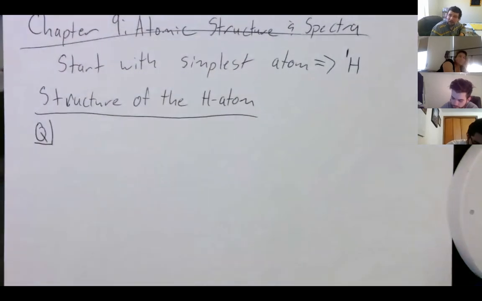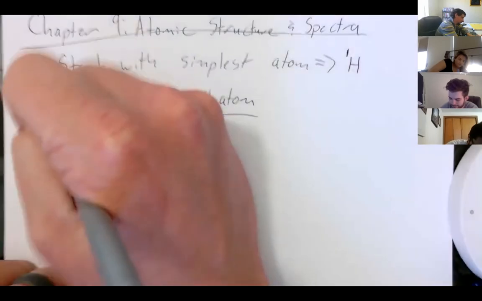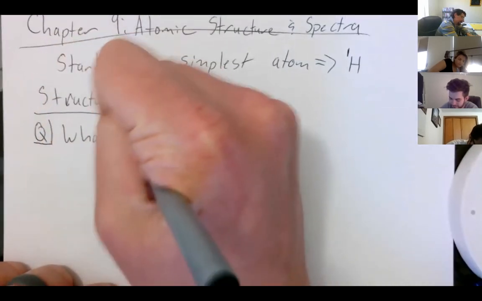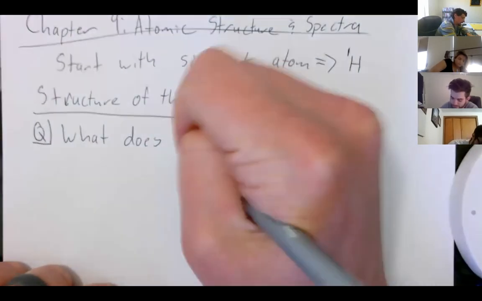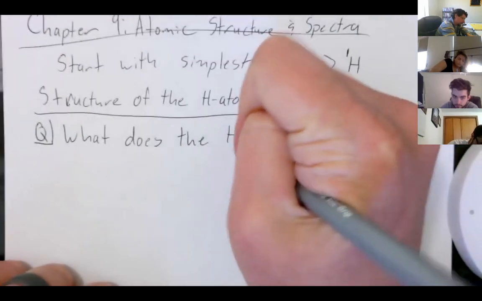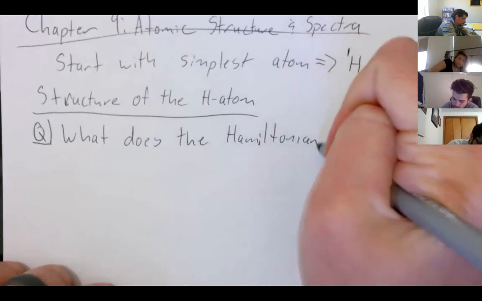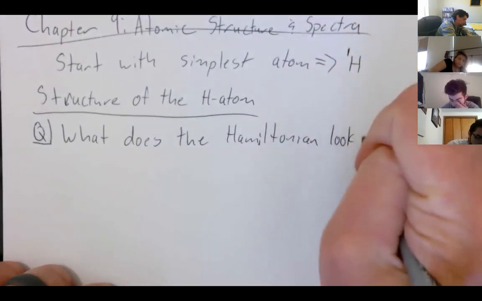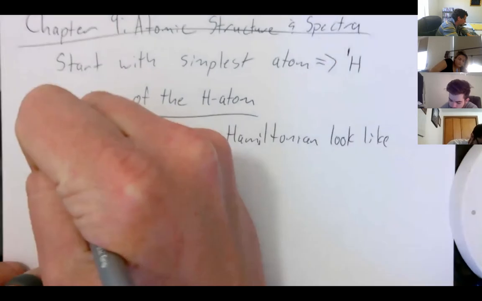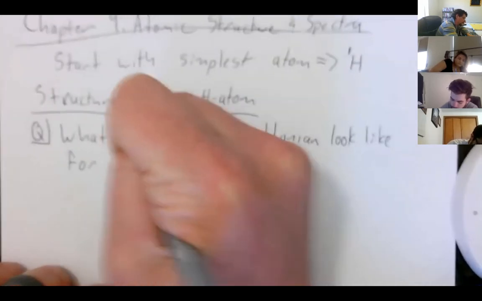So what do we always do for quantum systems? The first question we ask, what does the Hamiltonian look like for the H atom?